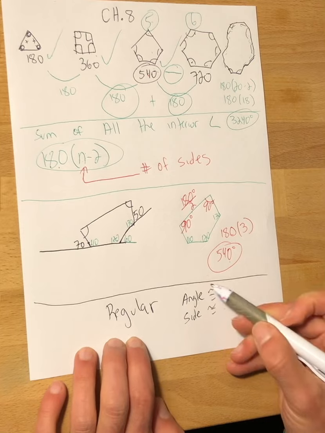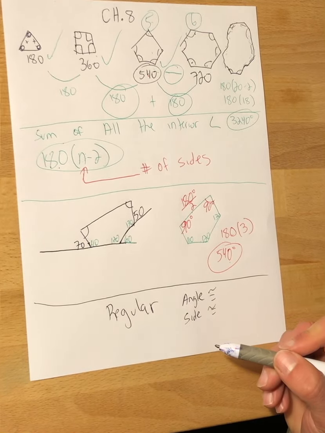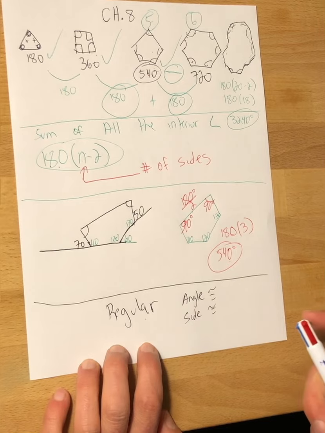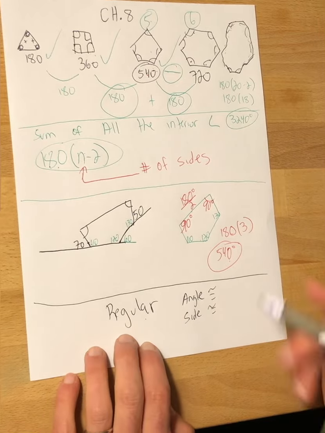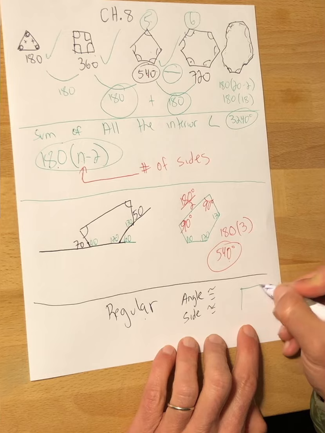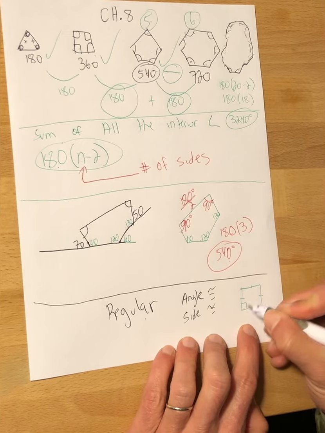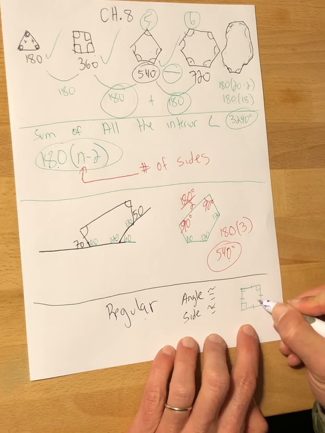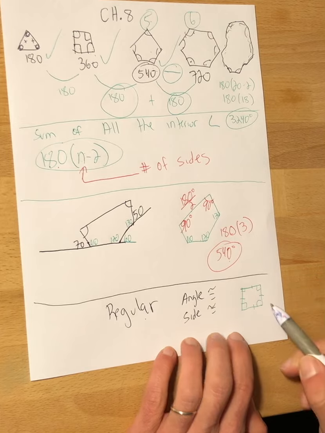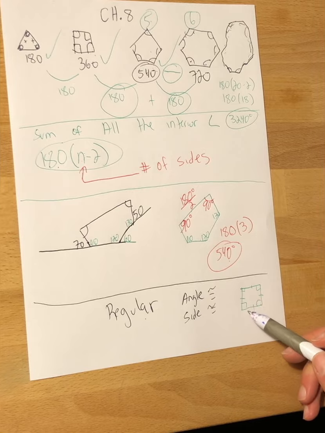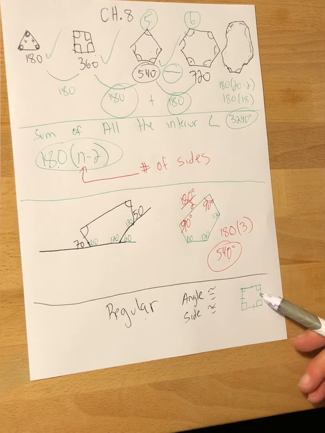Whenever you have a shape where every angle and every side is congruent, it's called a regular polygon. And there's 2 really familiar ones. A regular quadrilateral is called a square, where every side is exactly the same and every angle is 90 degrees. It's conceptually called a regular quadrilateral, or broken down as a square.